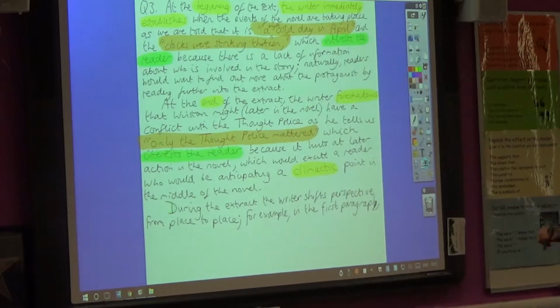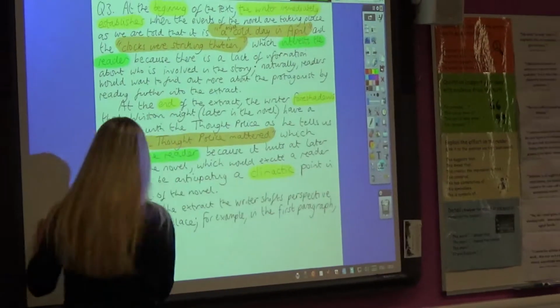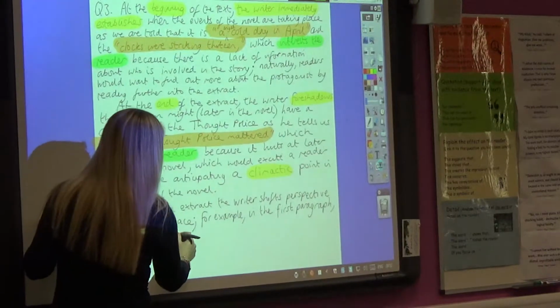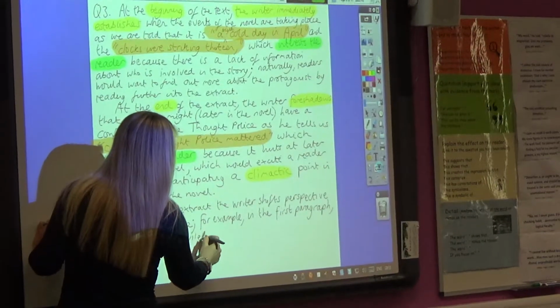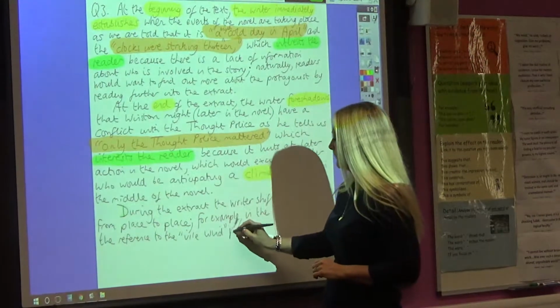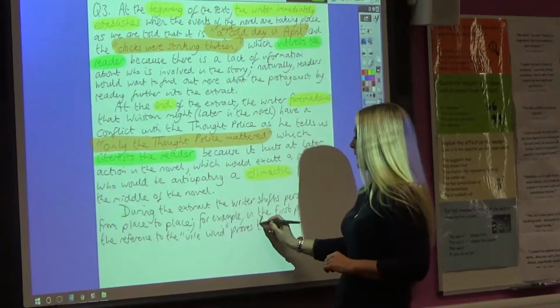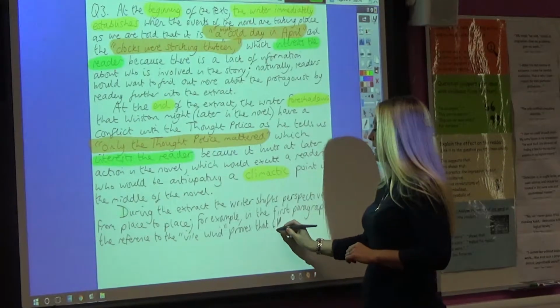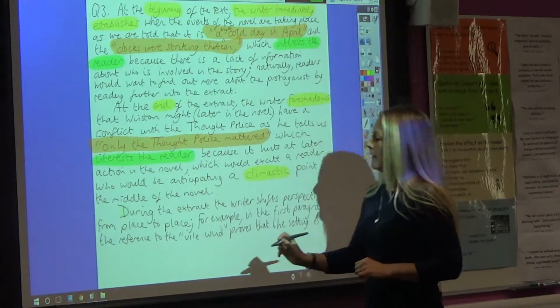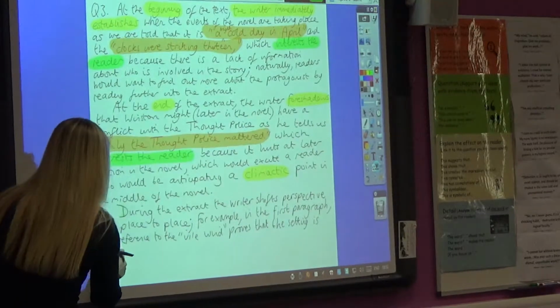So, for example, in the first paragraph, the reference to the vile wind proves that the setting is outside.